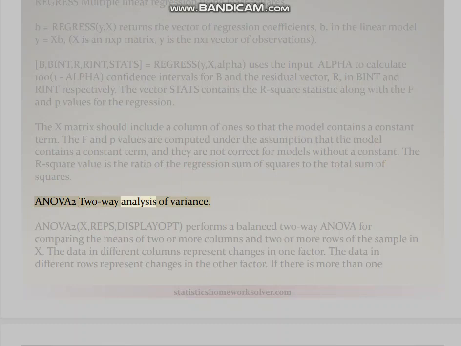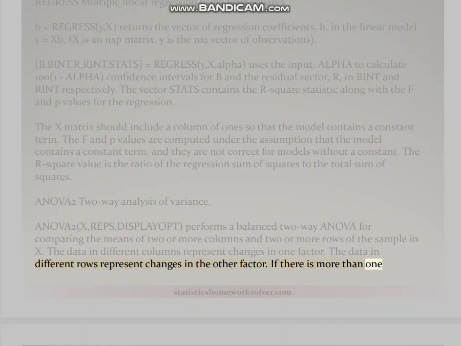ANOVA2: two-way analysis of variance. anova2(X,reps,displayopt) performs a balanced two-way ANOVA for comparing the means of 2 or more columns and 2 or more rows of the sample in X. The data in different columns represent changes in one factor. The data in different rows represent changes in the other factor.